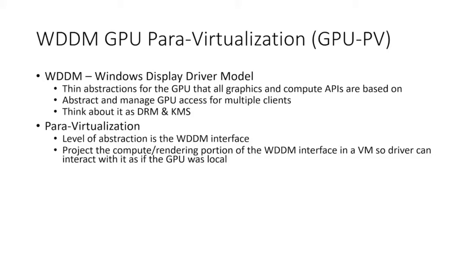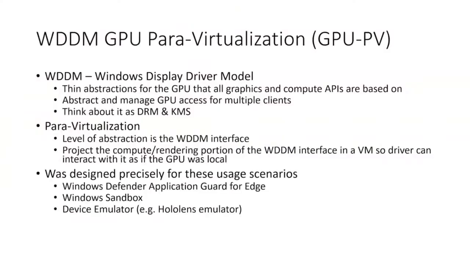This allows the virtual machine to have access to those services, and then you can implement the same APIs. We don't project the whole of WDDM, but a subset that is enough for compute and rendering engines. We don't project, for example, display-related things.